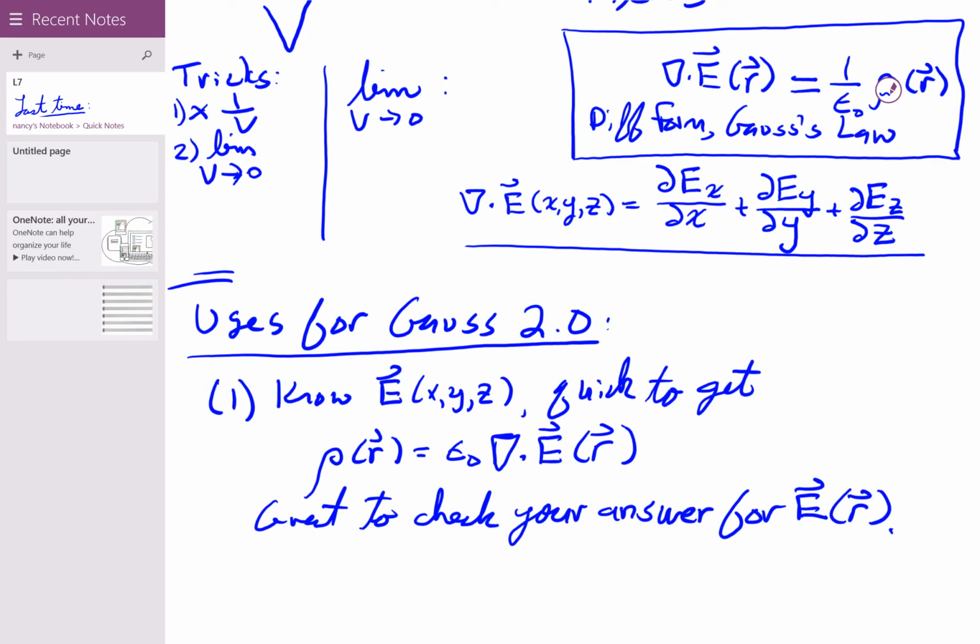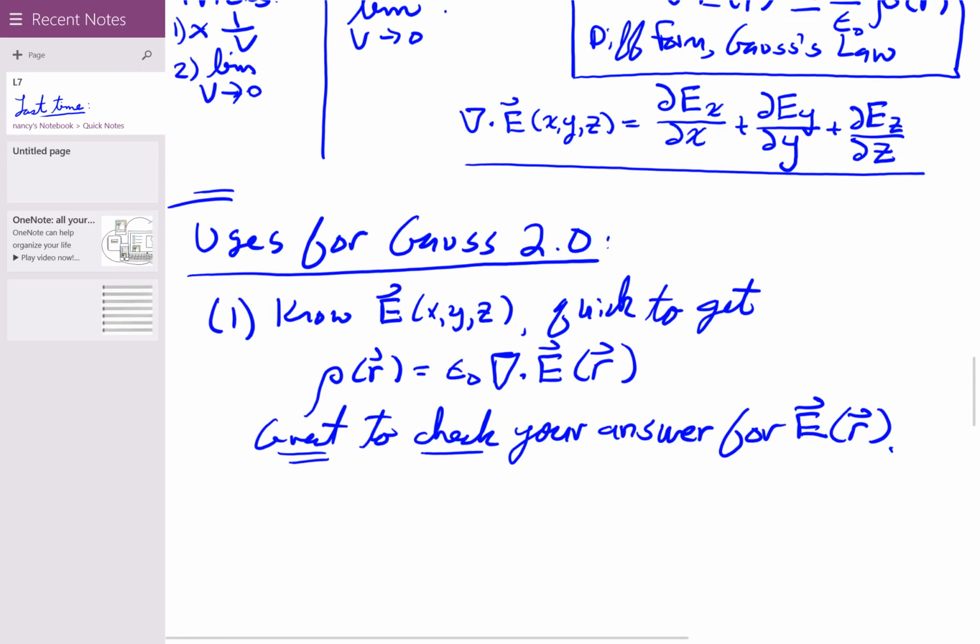Here, to make sure you didn't mess up the integrals you used to get the electric field, you can just take the derivative of your answer and check that you get back the charge distribution that you were given in the first place. So it's a great check on answers for electric field. So that's the first use. That's the practical use.